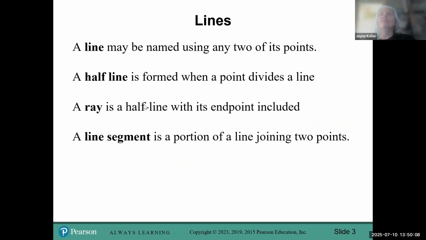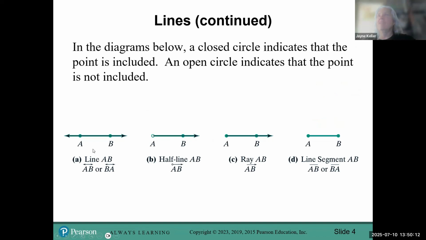So that's our definitions and also our notation. And here are some more examples of that. Line AB, we can call it either AB or BA, it doesn't matter, they're the same. But this half line is half line AB.